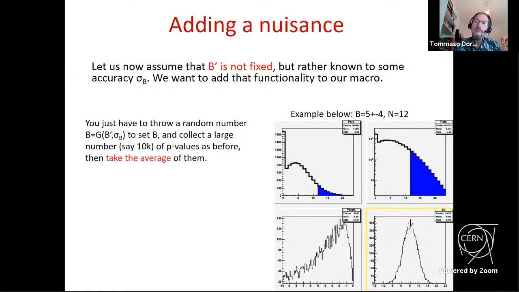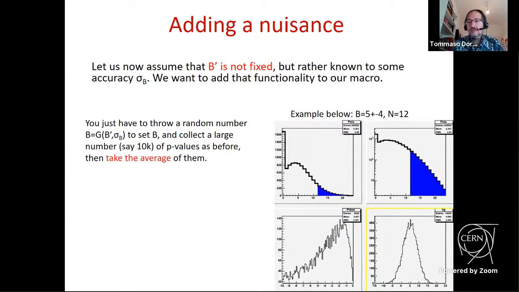And then you will go back and throw another B number from the distribution, and you determine a new p-value, and you continue to do this for a large number of trials, so that you sample the distribution function that gives you the background, and you can get a set of p-values for a given observed number n.